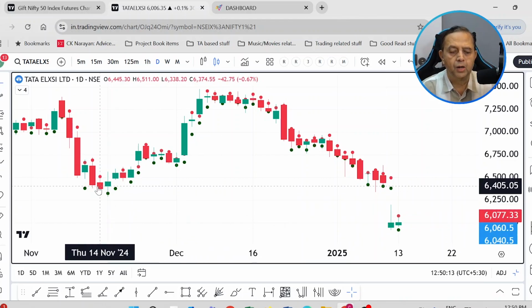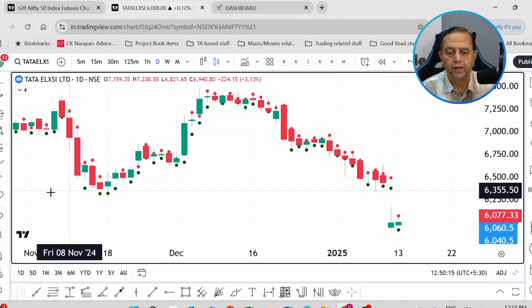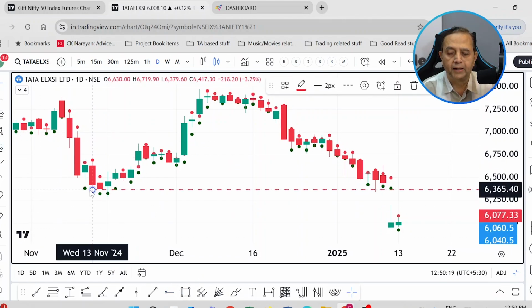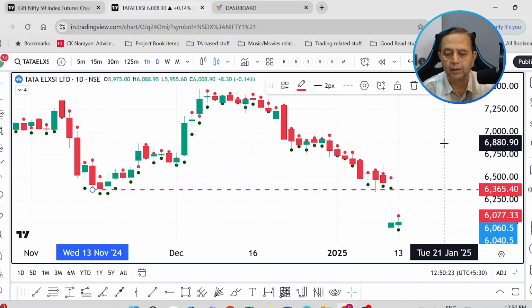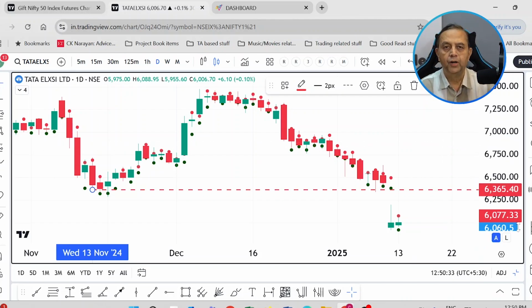Chart wise, it was down to the previous low area, and therefore people would have probably expected in a mild way that this bottom will hold and send the prices back. They were cautious enough not to build in bullish expectation, and when the numbers disappointed, the stock went down with a gap, and there is really no improvement in the prices. It was not a disaster of a result, so it has not really caved in.